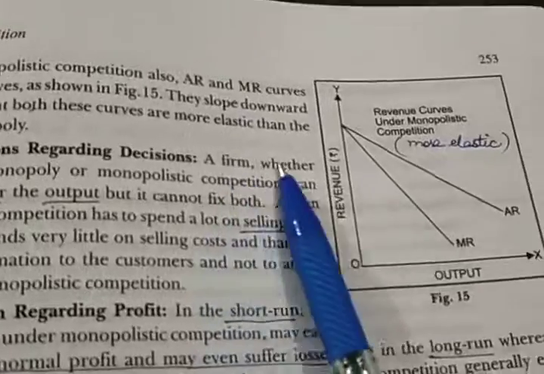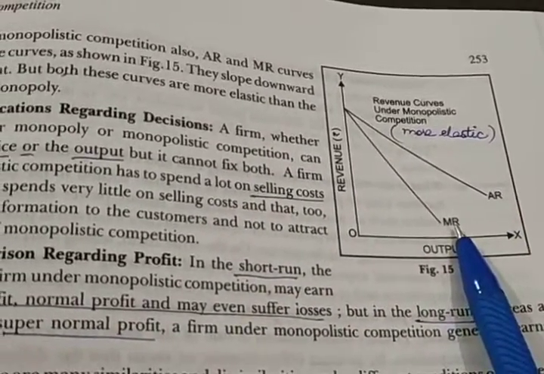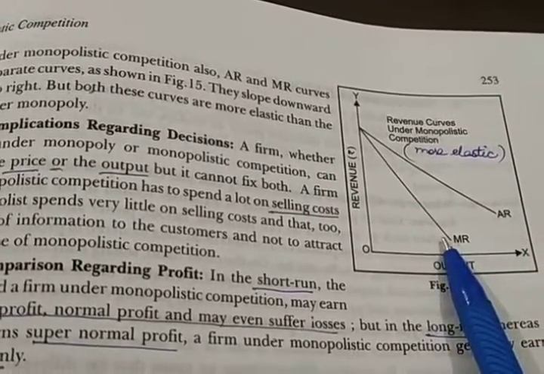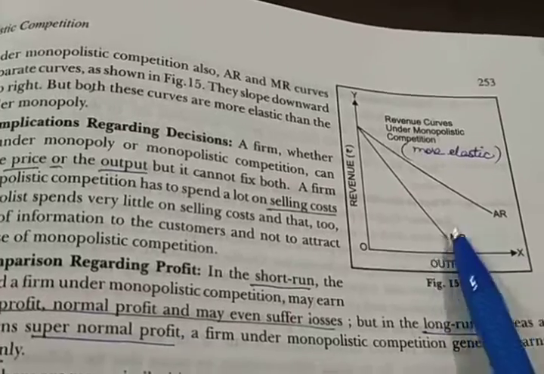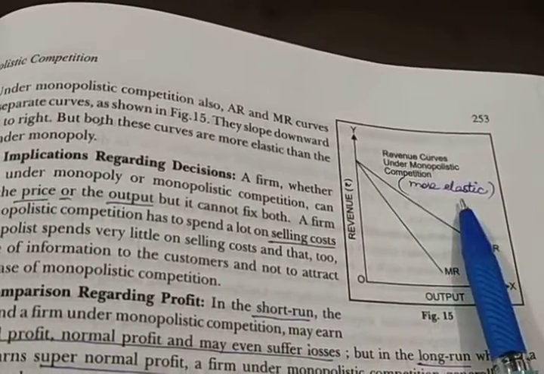Whereas in case of monopolistic competition, the AR and MR curves, no doubt they are downward sloping, they are separate curves. The MR curve lies below the AR curve, but here the important feature is that these curves are more elastic.